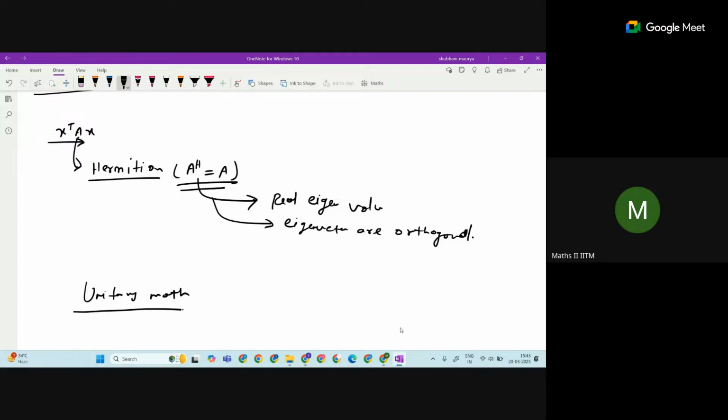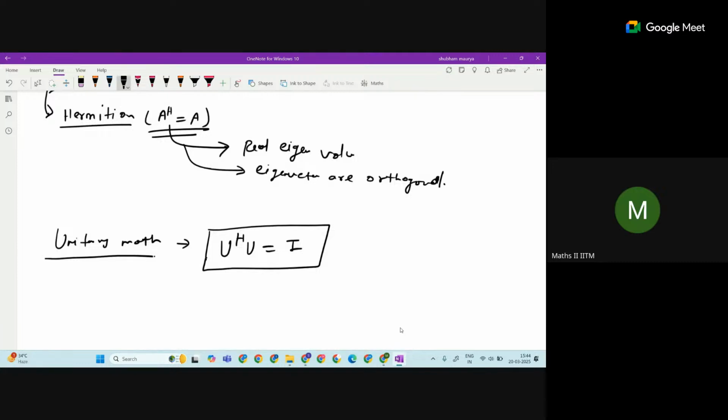We call a matrix unitary if it has this property: if you have, let's say, U, and you multiply U^H with the same matrix U, you will get the identity. In different words, the inverse of this matrix is nothing but its Hermitian.